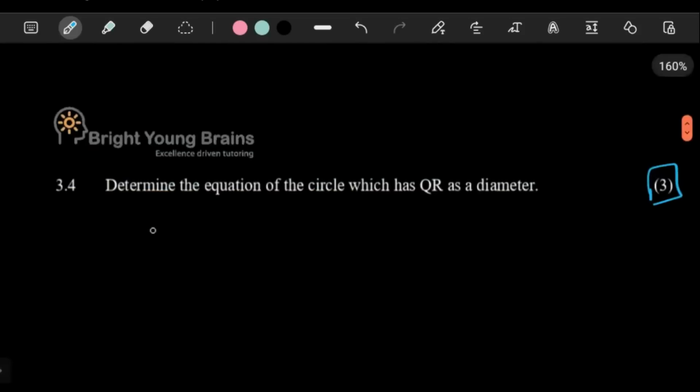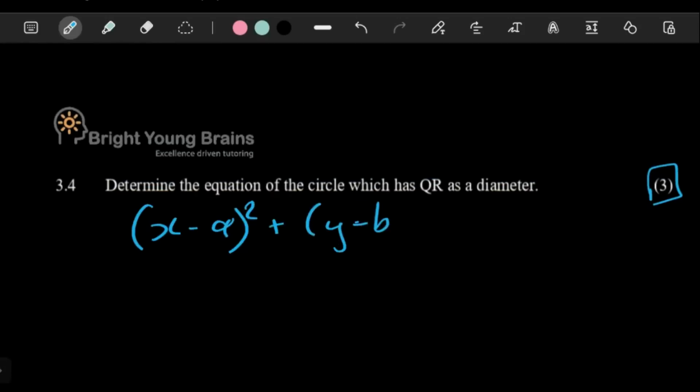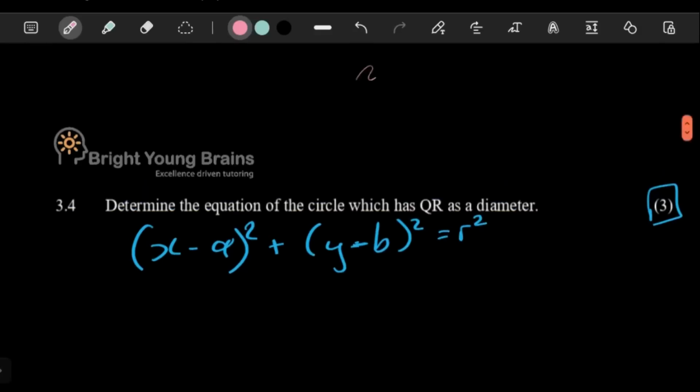So anyways, the equation of the circle, remember, is just x minus a squared plus y minus b squared equals r squared. The next thing is, okay, we know that M is the midpoint, that's like 1 and 0.